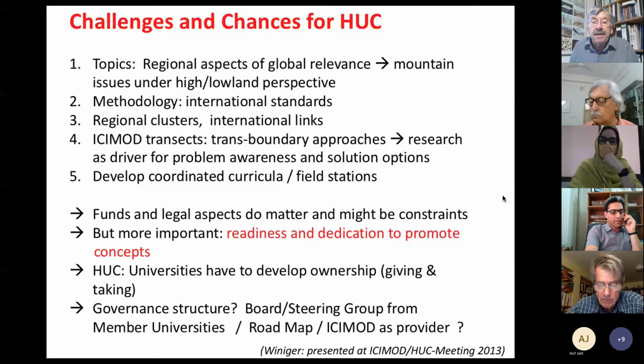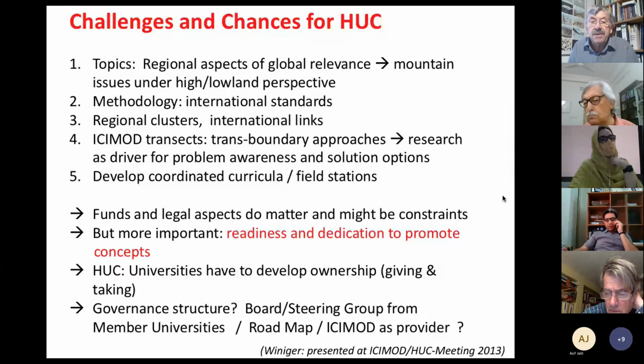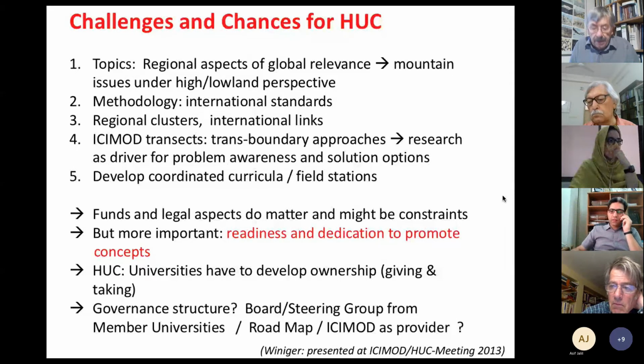And there I think one could do much more up to now. I have been part of ICIMOD and could visit all these or many of these universities, and it's just closed and not really open. And that's a real point. So on the next slide, please.